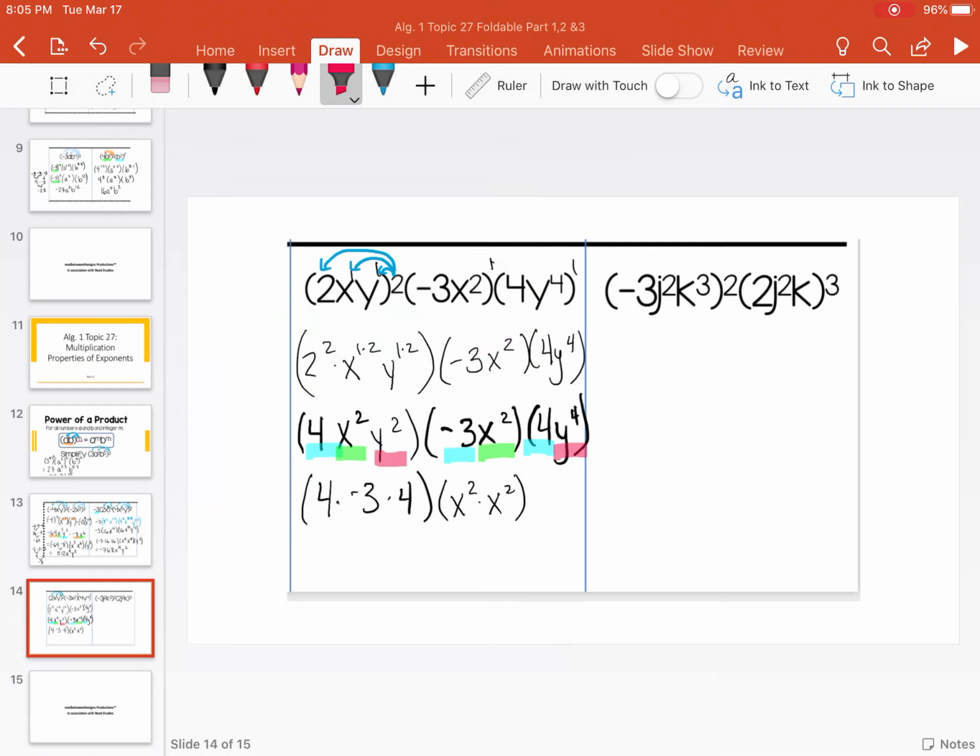And we have y squared and y to the 4th. So 4 times negative 3 is going to be negative 12, times 4 is going to be negative 48. And then x squared times x squared, same base, we add the exponents. So we're going to have x to the 4th. And y squared times y to the 4th is going to be y to the 2 plus 4, or y to the 6th. So that is our next example.